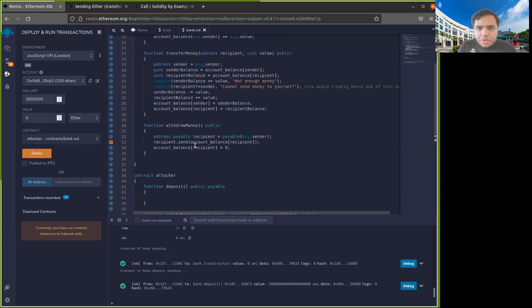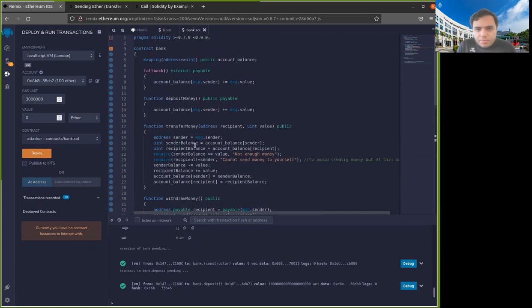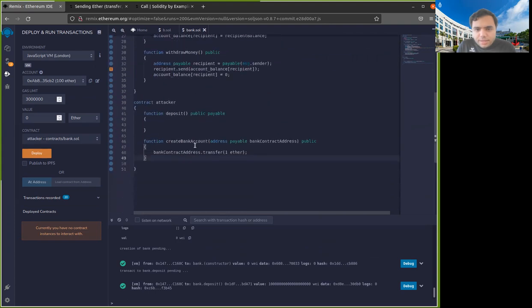So now what's the problem? The problem here is that what happens if I withdraw? What happens if I want to withdraw my money? So let's do this. I create a function for withdrawing in my attacker. So I call this one withdraw my money.